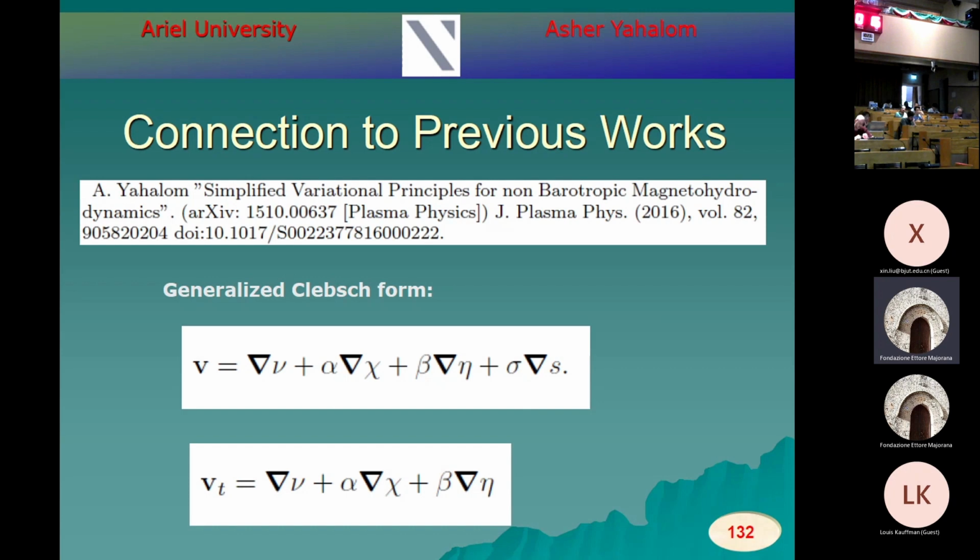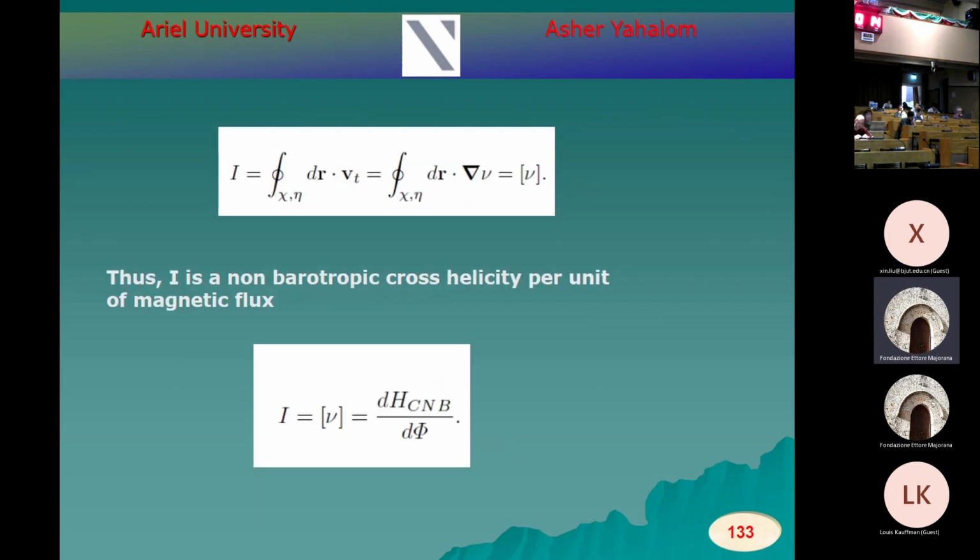Well, if the velocity field is in a generalized Clebsch form, you remove the sigma grad S to get the topological form, and you remember that along the magnetic field line, chi and eta are constant. So what remains is again the discontinuity of nu, right? The importance of non-single-valued functions in topology. And this is just the non-barotropic cross-helicity per unit of magnetic flux.